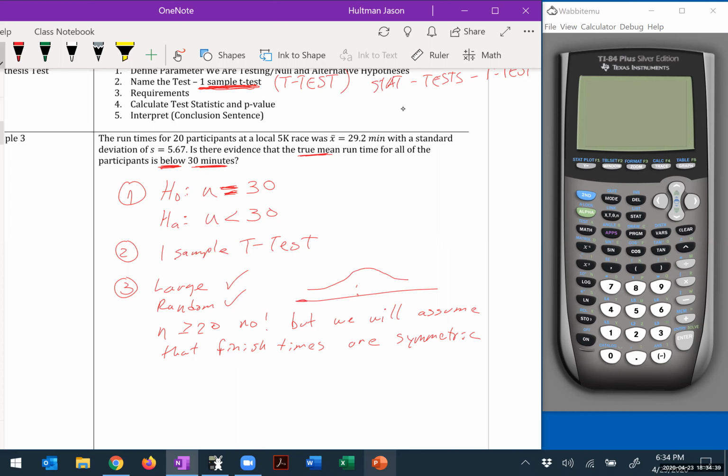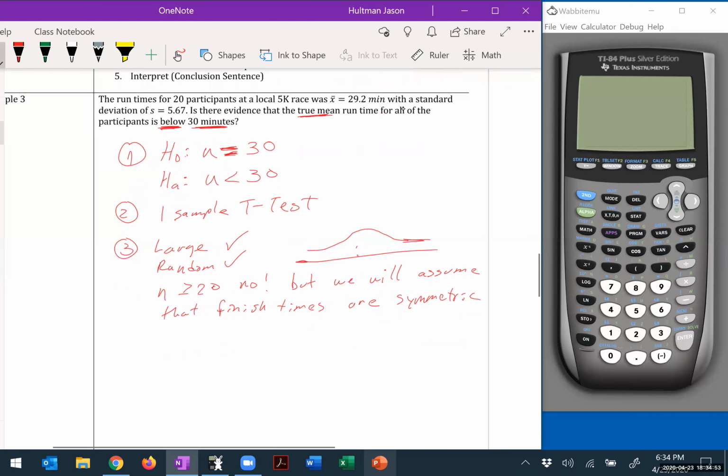We're going to assume that in this scenario, people are going to finish with some sort of symmetry. Okay. Number 4.